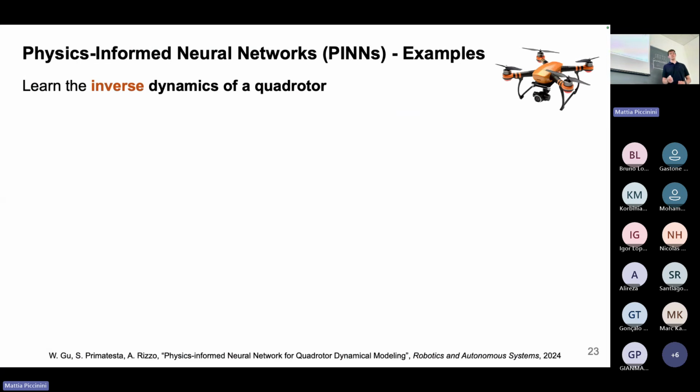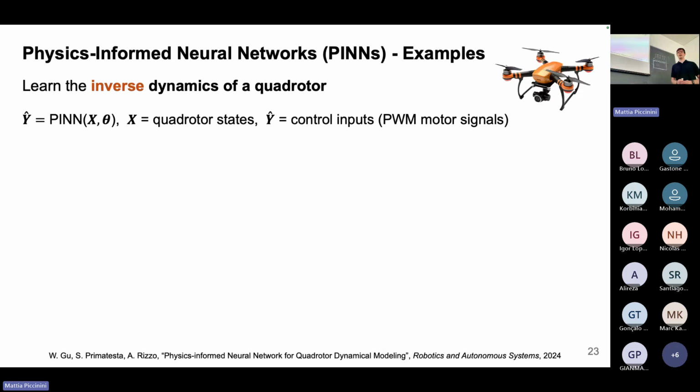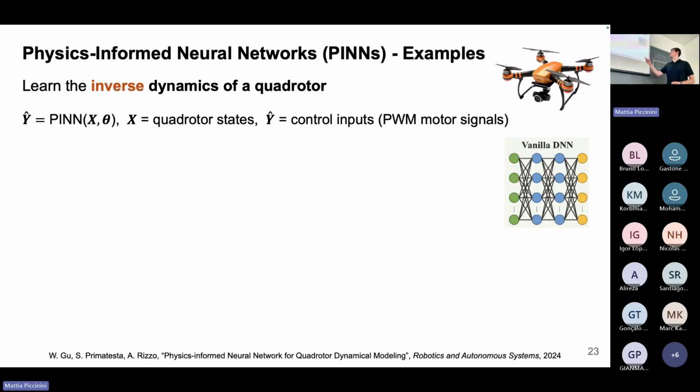For example, in this case, the authors of this paper wanted to learn the inverse dynamics of a drone, of a quadrotor. So they had, again, a physics-informed network, in which X, okay, it's a vanilla deep learning network, so nothing special.